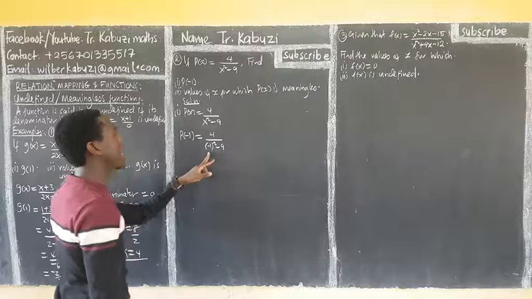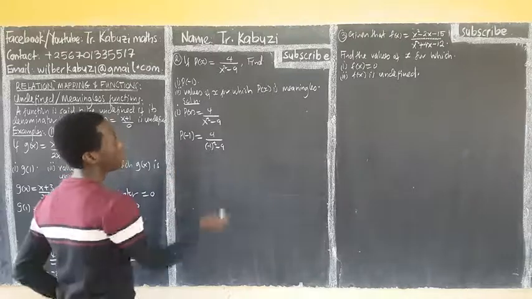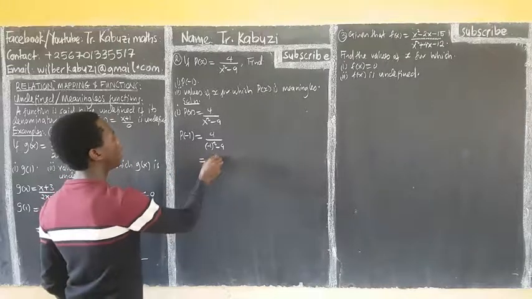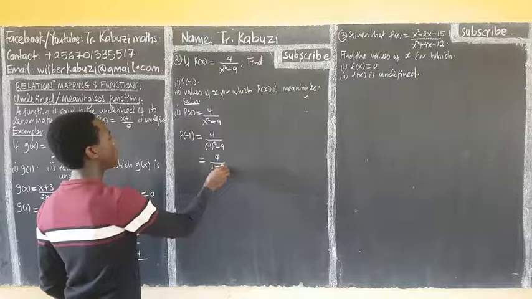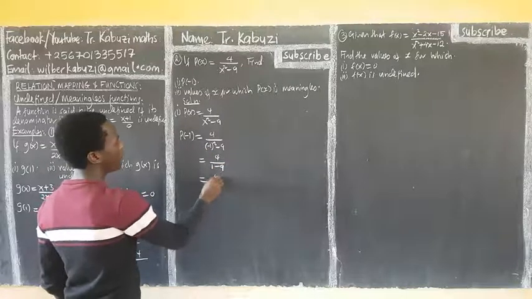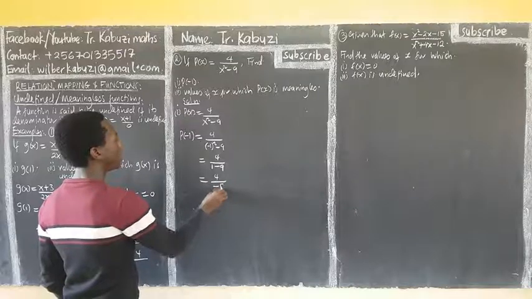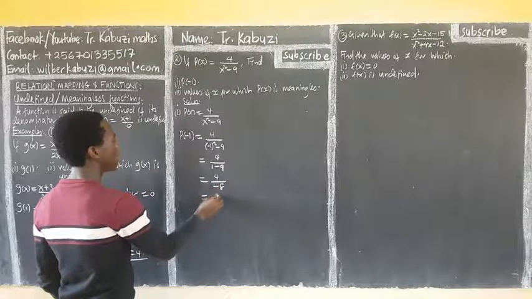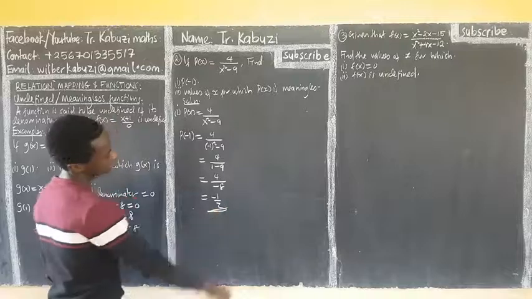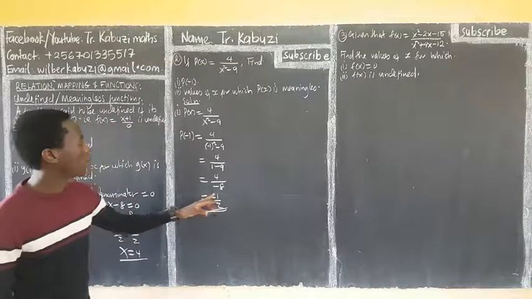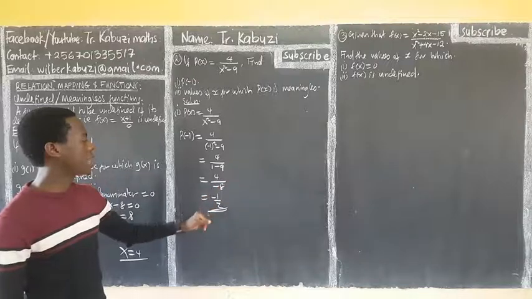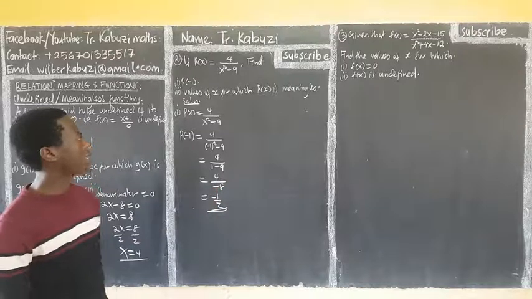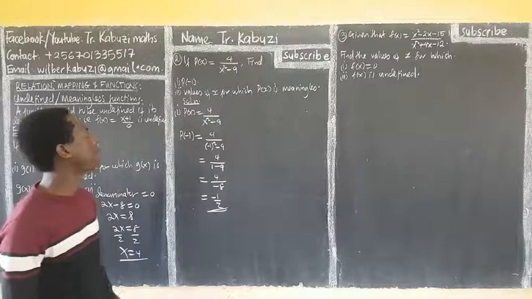When you square negative 1, we get positive 1, minus 9, which gives 4 over negative 8. This would be negative half. We multiply negative up and down; 4 goes into 4 once, 4 goes into 8 twice. After you multiply the negative, you just take it out, as simple as that.